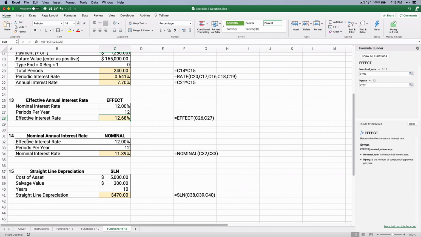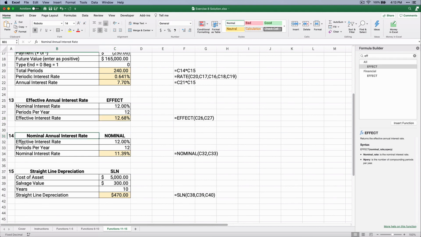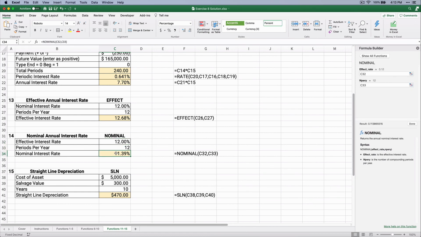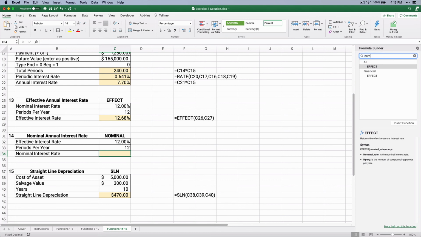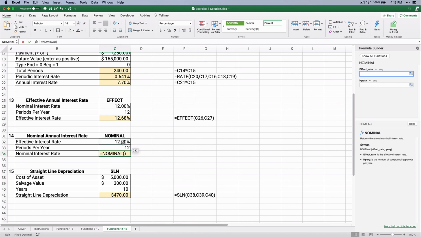All right, let's calculate from an effective interest rate. Let's calculate what the nominal interest rate is. So the effective rate, let's say, is 12%, with 12 periods per year. So we're going to do a nominal rate. We need to search for NOMINAL. The effective rate is 12%. The number of periods is 12. I don't want to type that in, I want to point to it, right? So 12 periods per year.